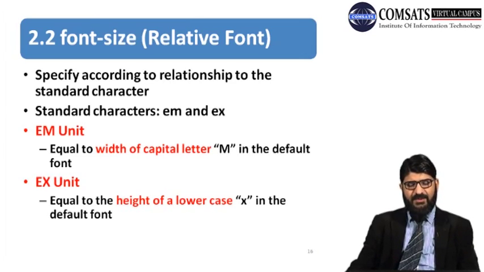EM units equals to width of the capital letter, that is M in the default font, and EX unit equals to the height of the lower case, that is X in the default font. So in capital letter the width is given M, means EM unit, and in small letter the height is given with X, that is EX unit, and these are two standard characters.